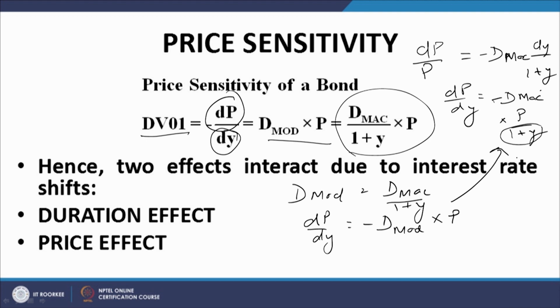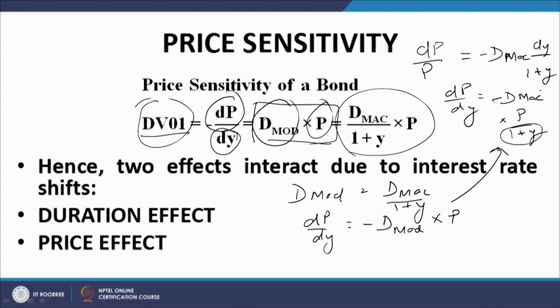Okay. So, if you look at this formula carefully, what we find is that there are two factors that are contributing to DV01, or for that matter dP upon dy. First factor relates to the duration of the bond, and second factor relates to the price of the bond.